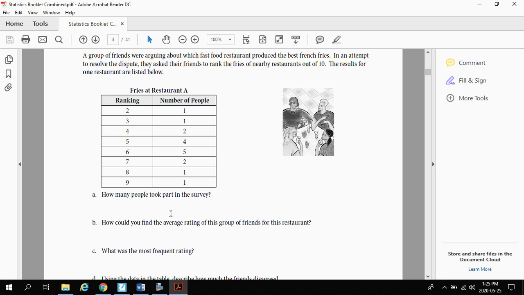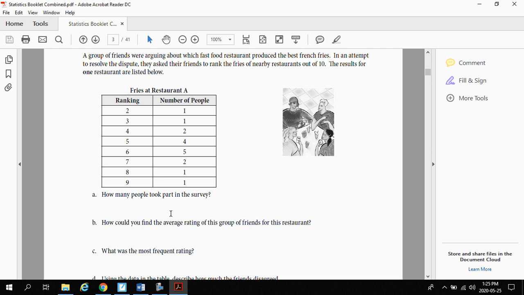For question B, it says, how could you find the average rating of this group of friends for this restaurant? So they're using the word average rating. And so what you need to think about in terms of our measures of central tendency is, what is that asking? And it's likely asking for the mean.